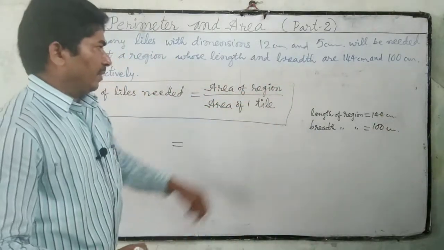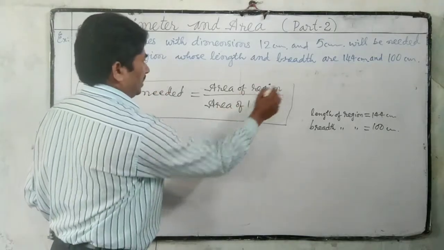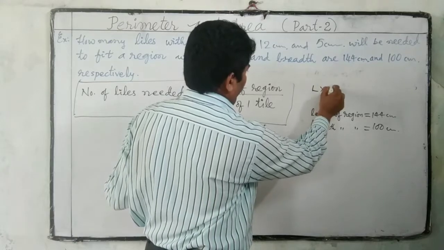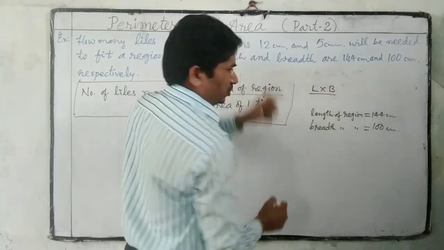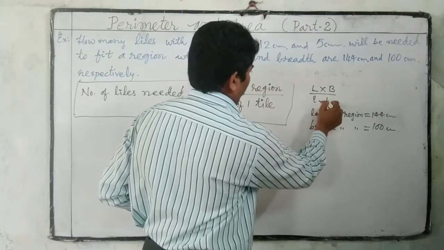So area of region is equal to length into breadth. We can write LB by, this is tiles small, that's why small l by small b.